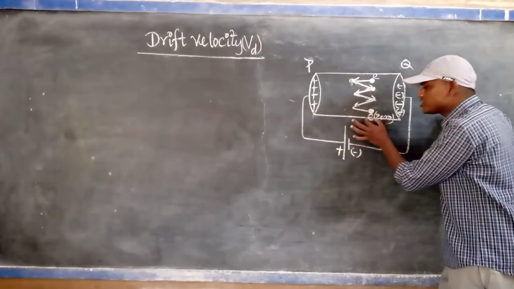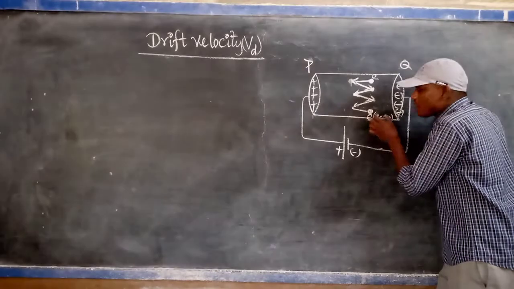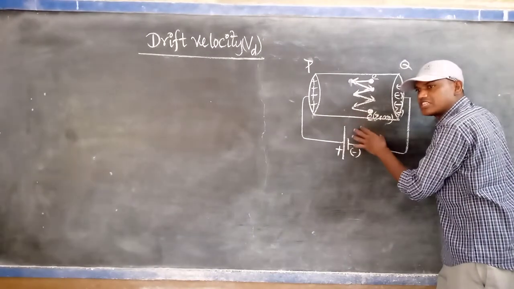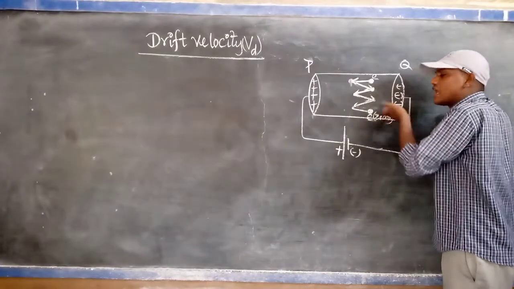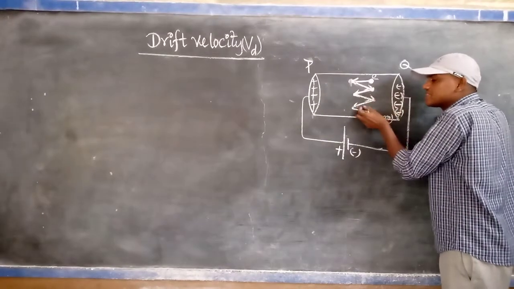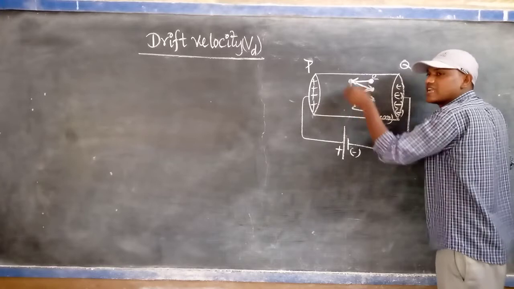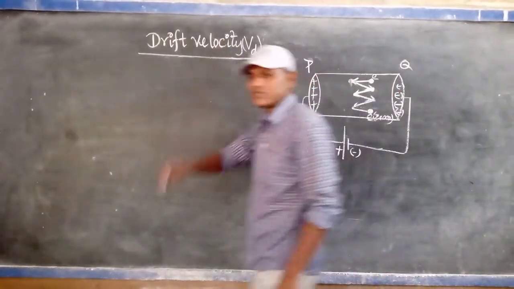The initial velocity of the electrons is zero, but after connecting to the external source, the battery gives the electromotive force to the electron. Then the electron is set into motion and moves with a certain velocity.